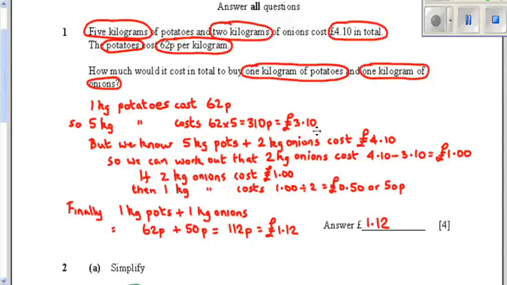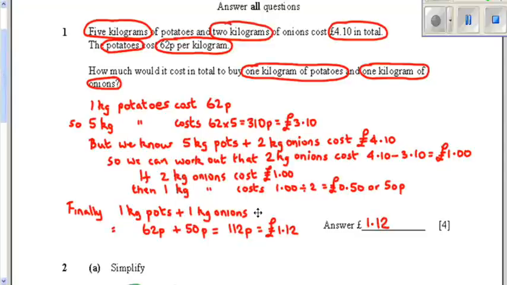So if we take away the cost of the 5 kilograms of potatoes, take that £3.10 away from the £4.10, we end up with £1, and that must have been the cost of the 2 kilograms of onions. So if we know 2 kilograms of onions cost £1, then 1 kilogram of onions must have cost £1 divided by 2, which is 50p.